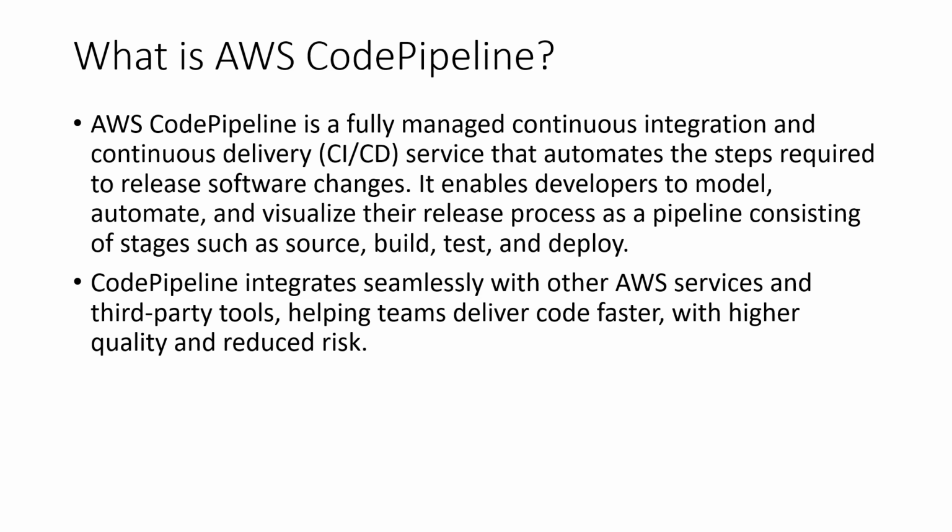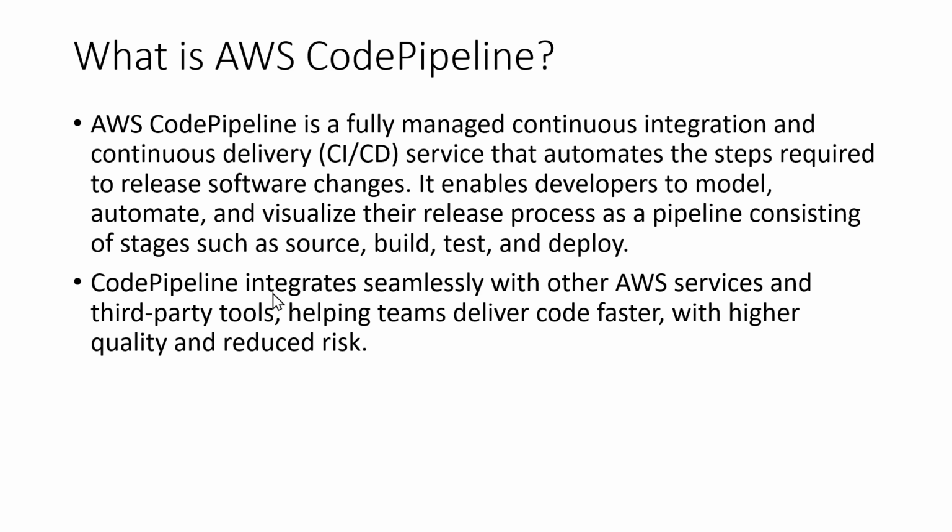Fine. To optimize those flaws, we come across the solution called AWS CodePipeline within the AWS ecosystem, where it is going to help us automate the steps required to release the software changes.